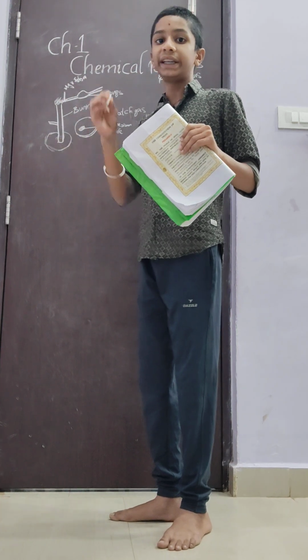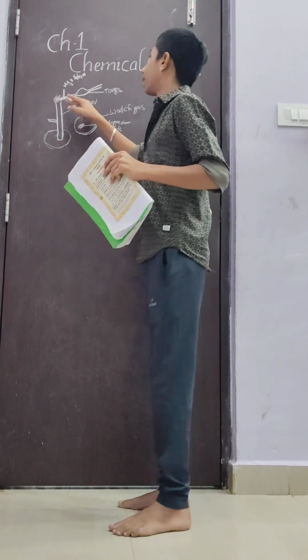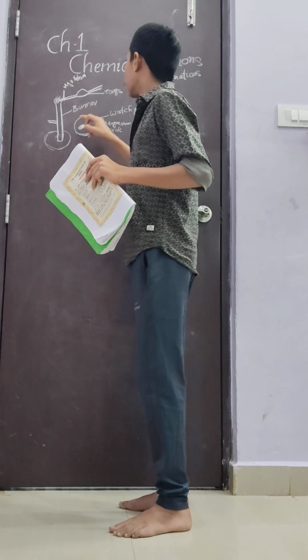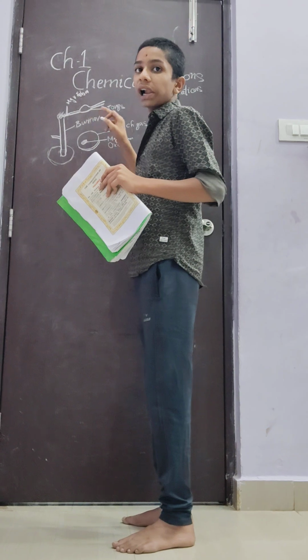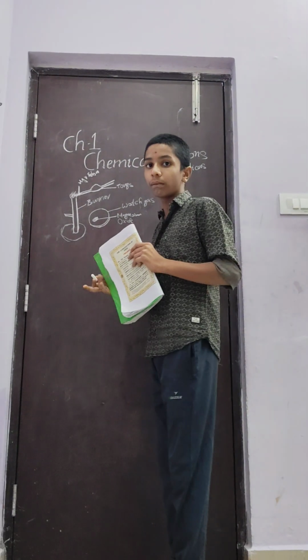So magnesium, when reacted with oxygen, takes more time to burn. So we should rub the magnesium with sandpaper. After burning the magnesium ribbon, a new substance, ash, is formed, and we should take the ash in the watch glass; it is magnesium oxide.